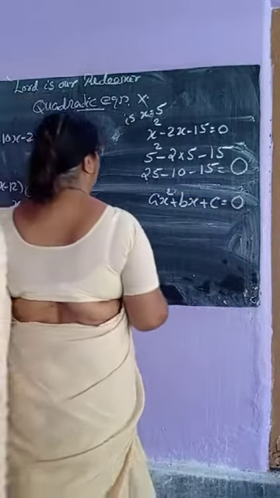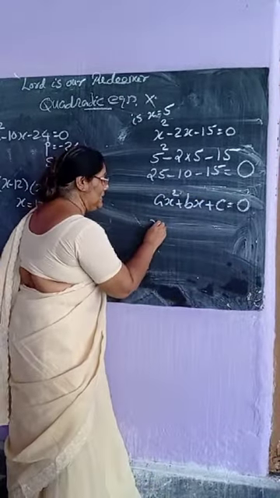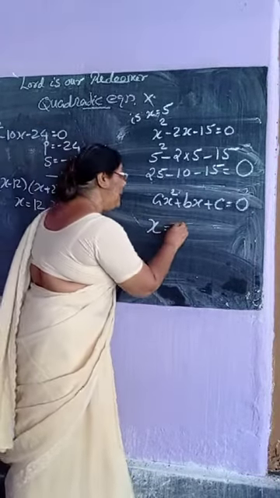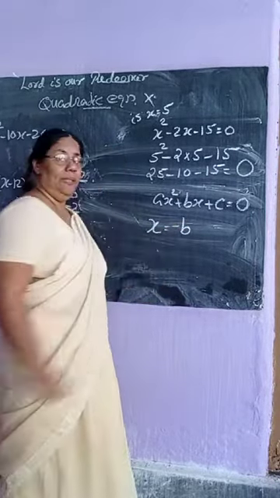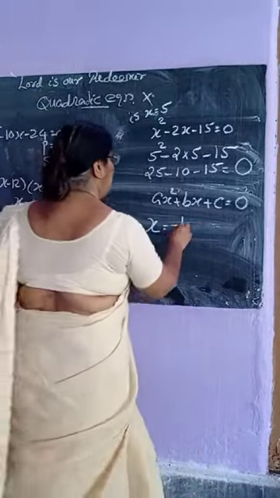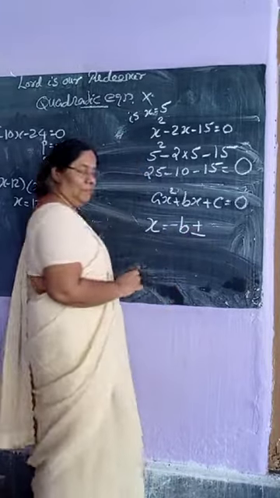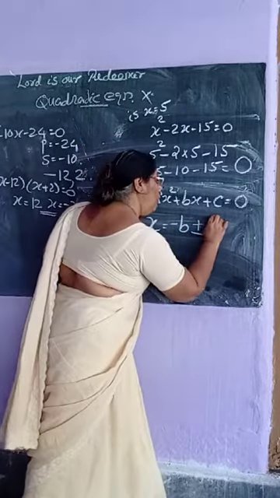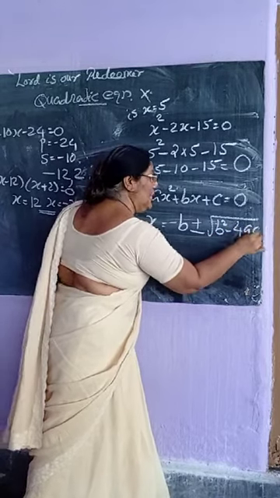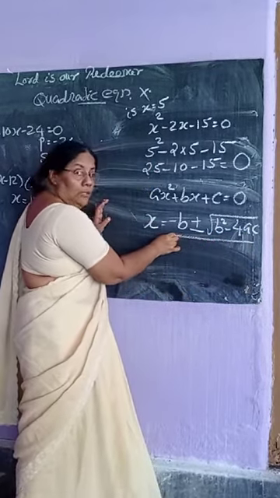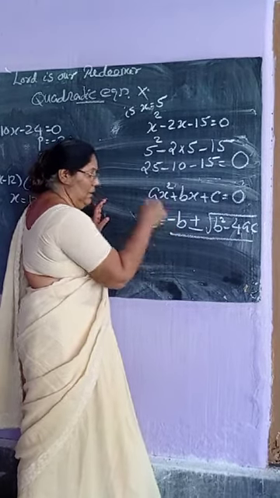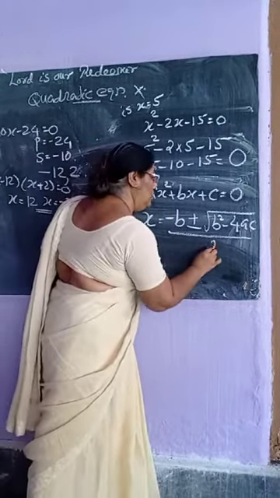Now listen. The value for this x is equal to minus b plus or minus root of b square minus 4ac, the whole by 2a. The whole by means this line: up to this, below this minus.